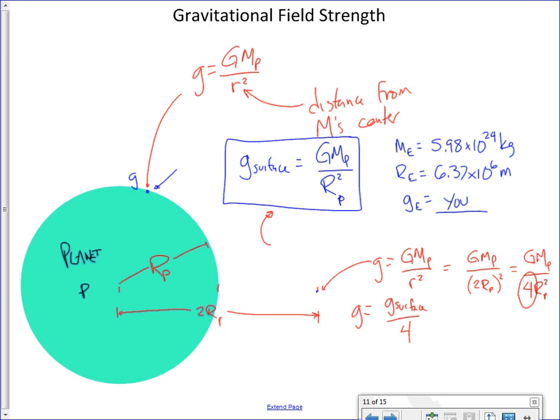over 4. That's just one of an infinite number of places where we could look at how the gravitational field here relates to a gravitational field somewhere else. So the field gets weaker and weaker with the square of separation.